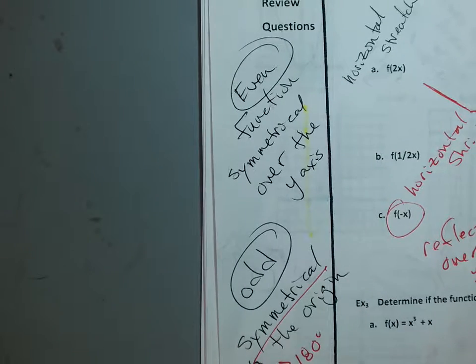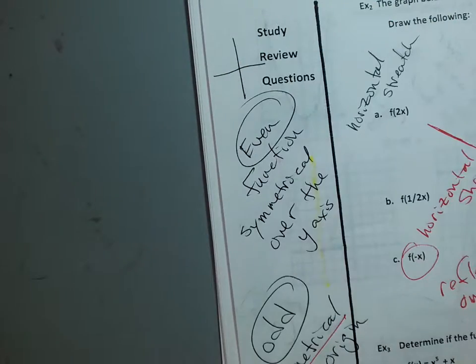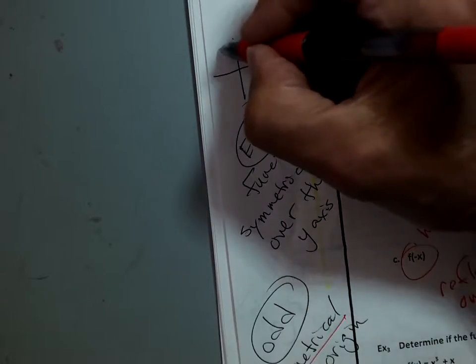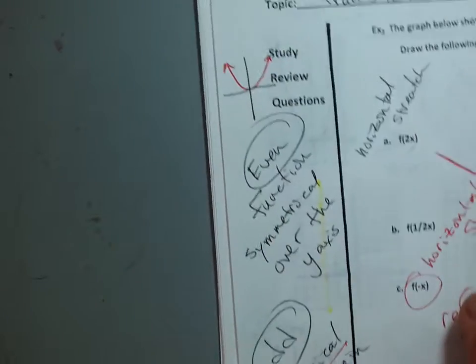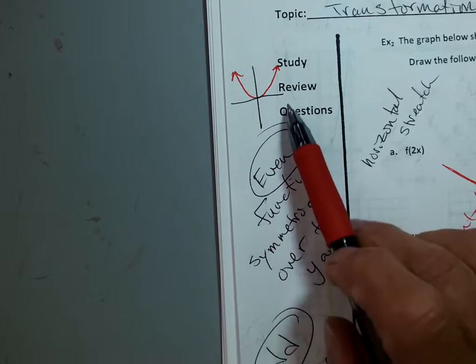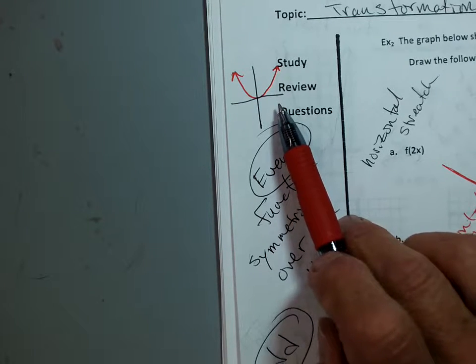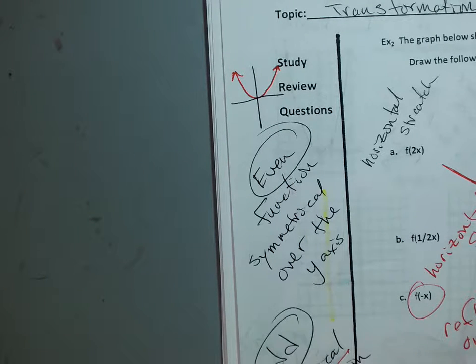Your y equals x squared. So if I do an x squared equation, that is even because it will reflect onto itself. Now, a couple of things. Even functions will have even exponents. Does that make sense? Odd functions will have odd exponents, right?